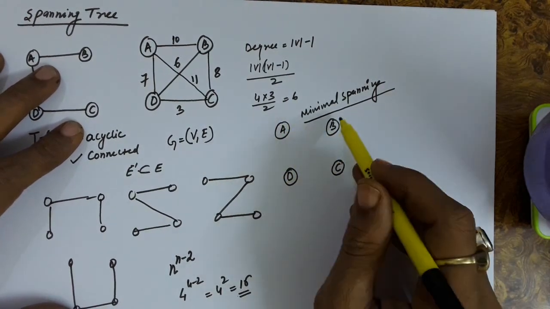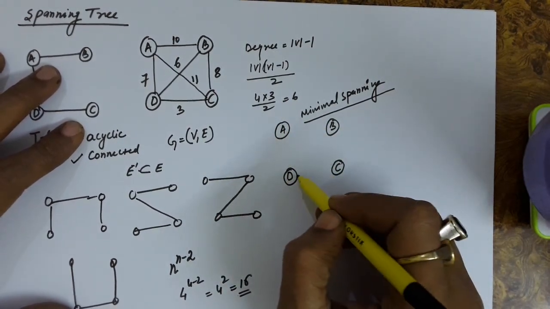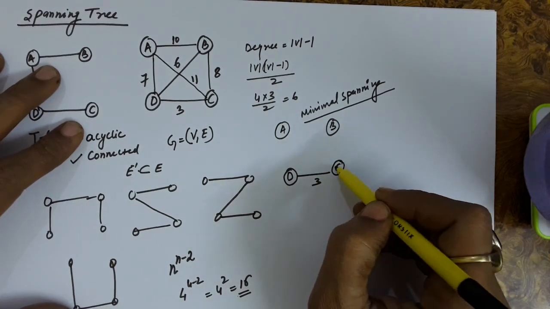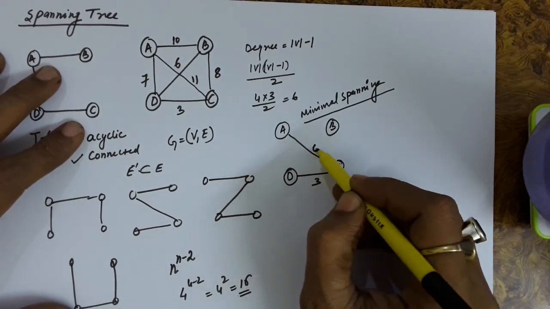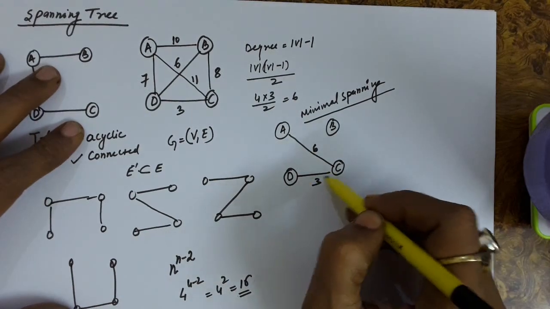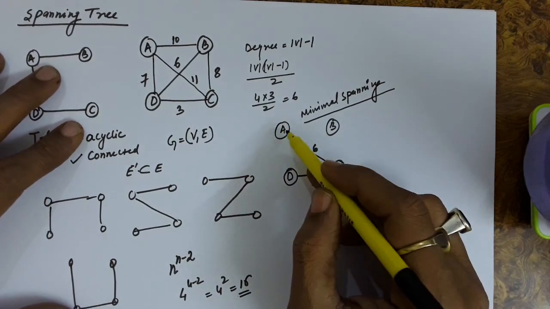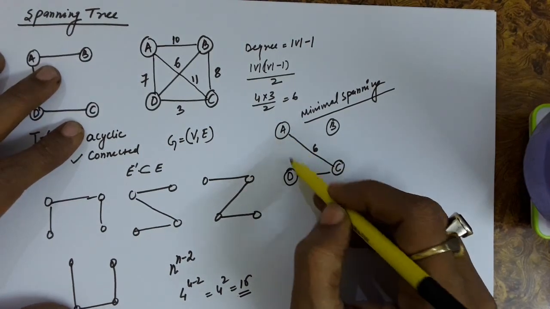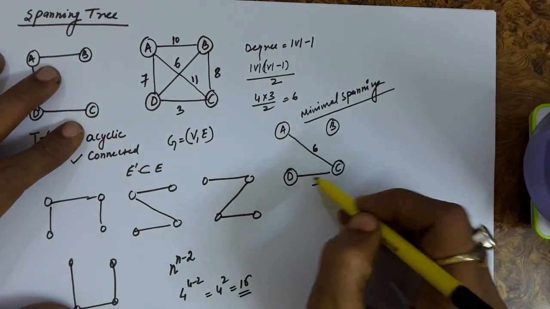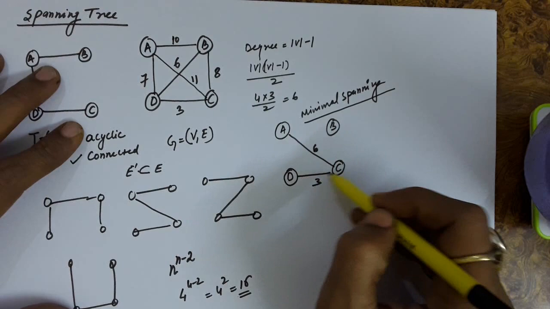So if we have this graph, then this 3 and this 6, this is the minimum cost edge, this is the next minimum cost edge, 7 will be the next minimum cost edge, but by adding 7 it will make a cycle. In the spanning tree there has to be no cycle.